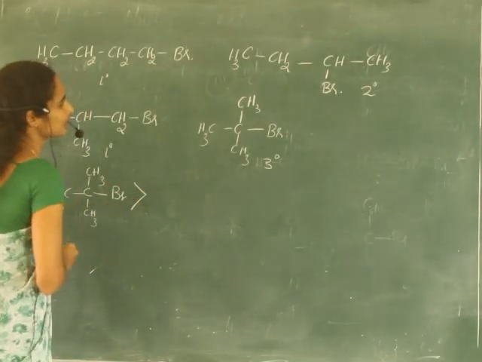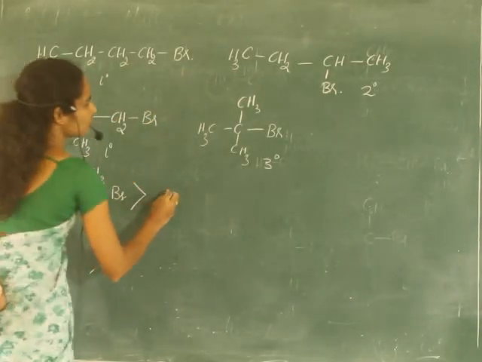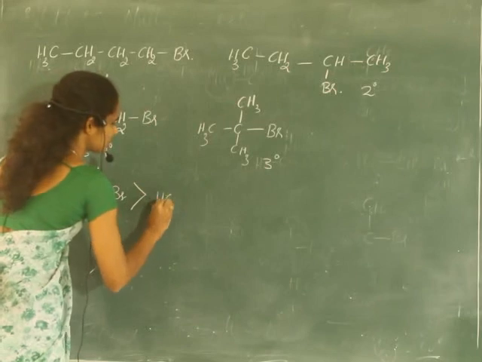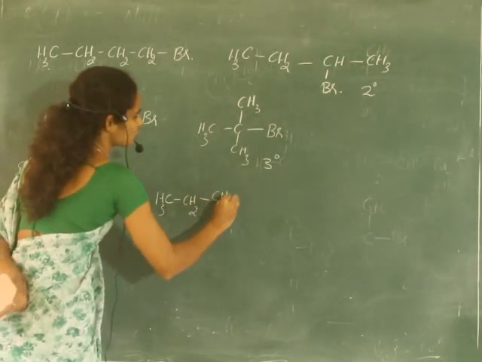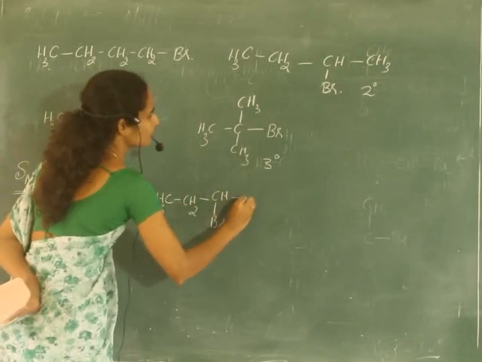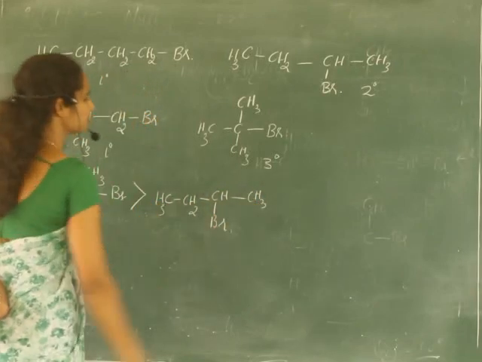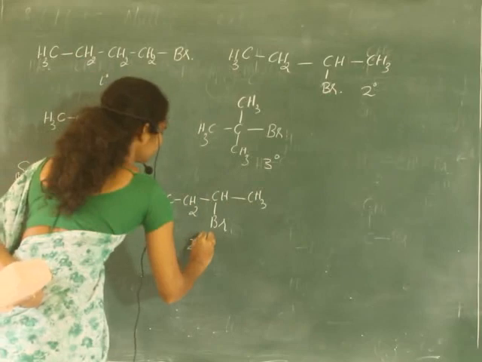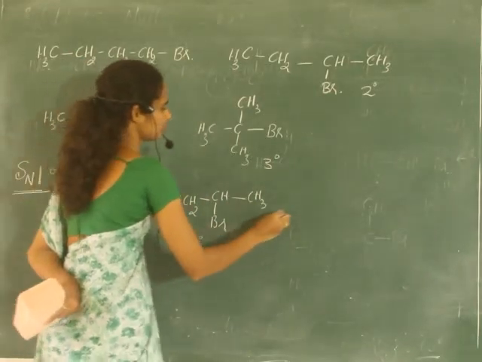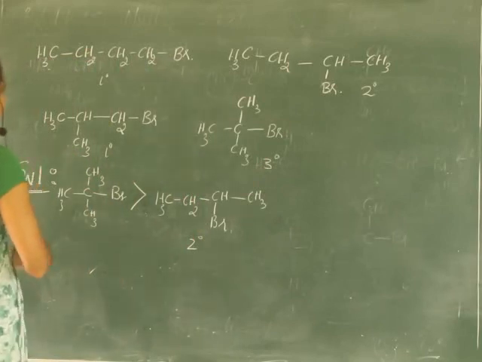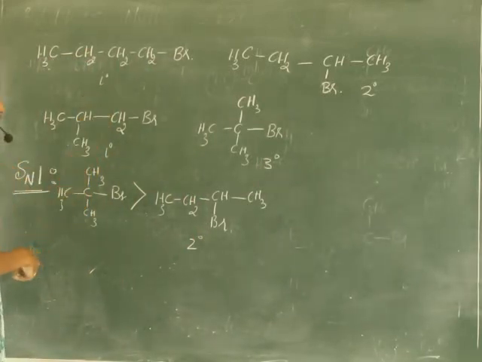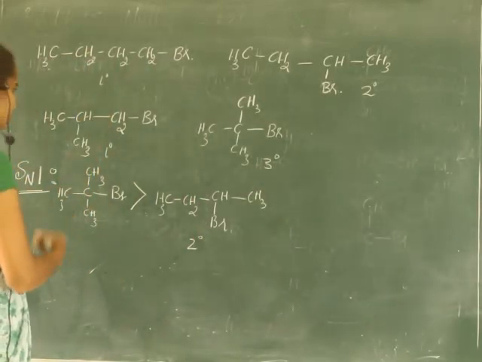After that the secondary compound, that is CH3CH2CHBrCH3, secondary, and next is primary. But here there are two primary compounds. Which one will react first?